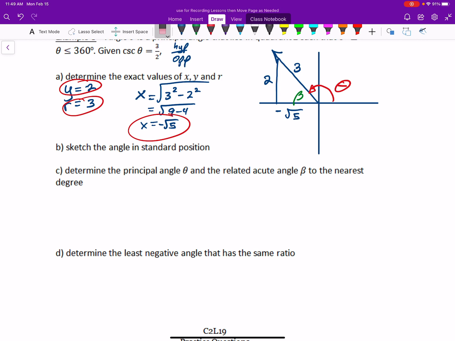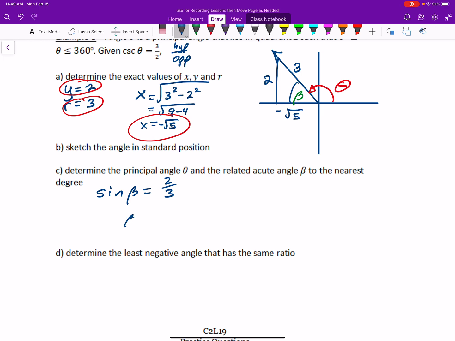Anyway, so we always want to find beta first. Since I know all 3 sides, I have my choice to use sine, cos, or tan. I'll just stick with sine because, as we know in quadrant 2, sine is positive, because we're using opposite and hypotenuse, both of which are positive values. So sine beta equals 2 over 3. If I did cosine or tan, I'd have to ignore the negative in front of the root 5 for the x. I can do that, but I'd rather just work with positive values.